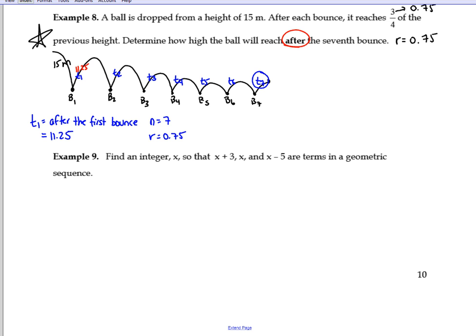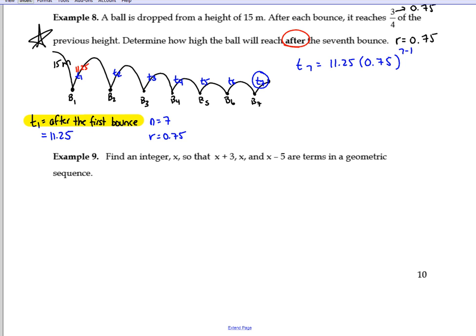Can you find term 7 then? Term 1, 11.25 times common ratio, 0.75 to the power of 7 minus 1. And you're going to see more of these type of questions in your next lesson as well.